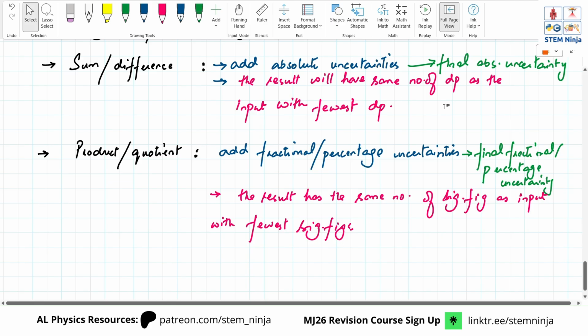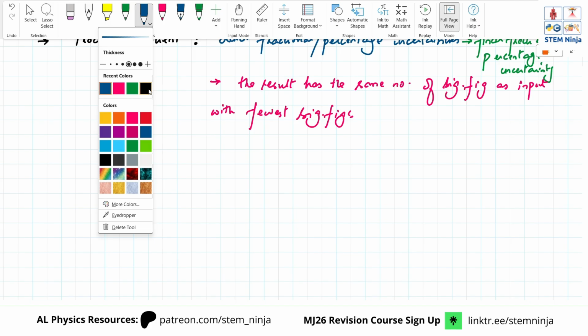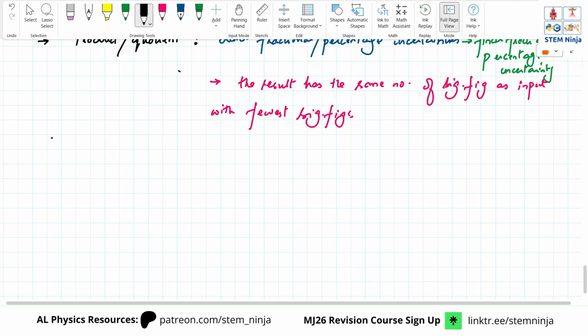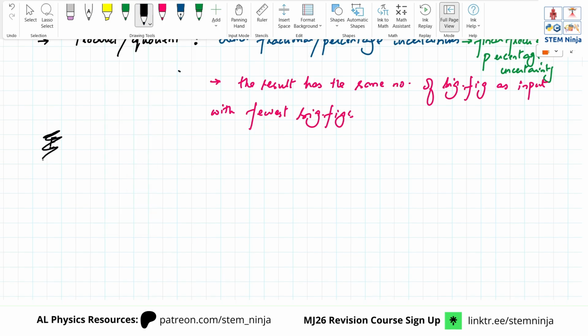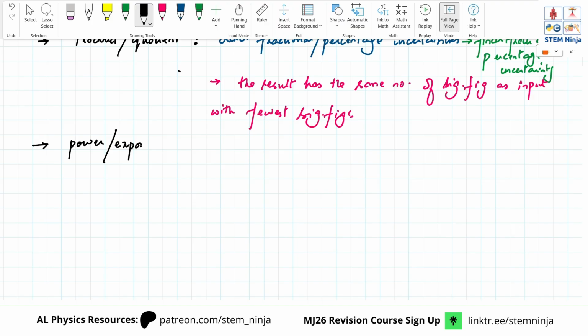Okay, so for example, let's take a few examples before we see some past paper questions. Actually, we can see the past paper questions also. Oh, wait, sorry, I forgot one thing. What if you have a power exponent?